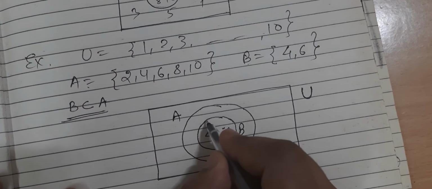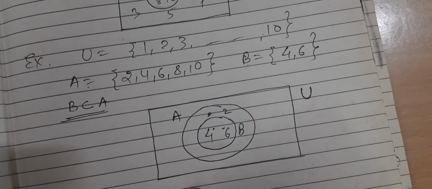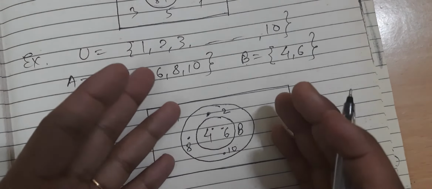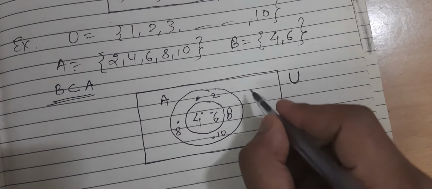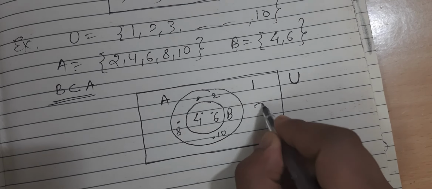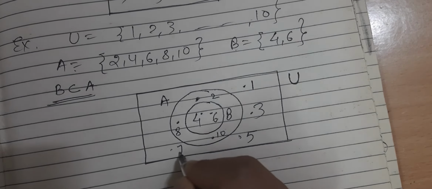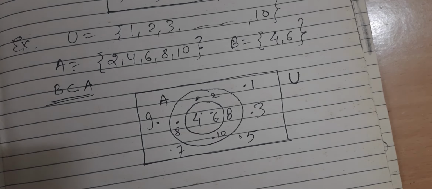In set A we have 2; 4 and 6 we have already written, and 8 and 10. Other than this, the remaining elements are in the universal set: 1 is here, 3 is here, 5 is here, 7 is here, 9 is here. Okay, so this is the way we can represent any set using a Venn diagram.